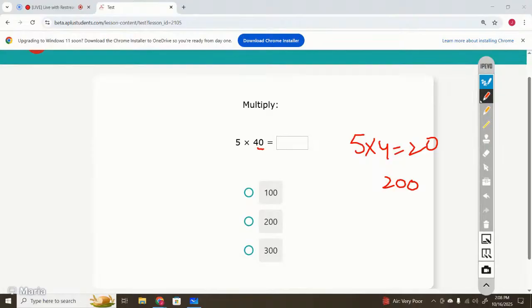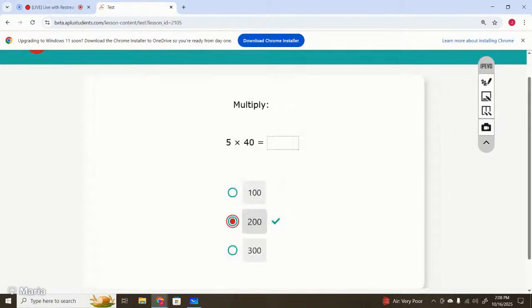Option number 2 is the correct option. 200 it is.